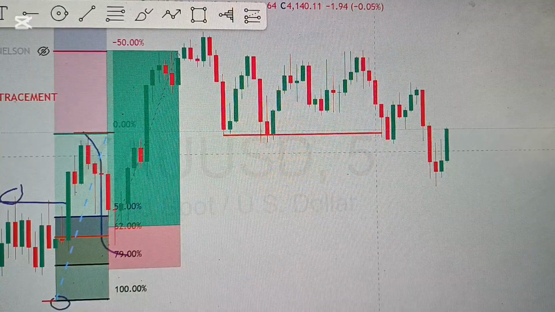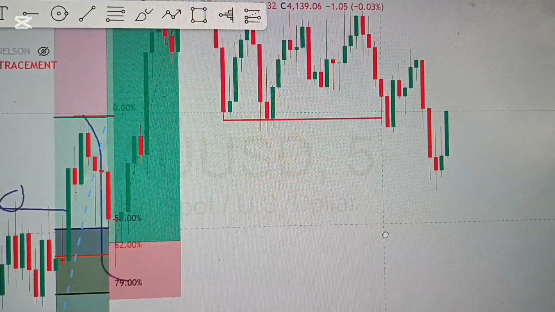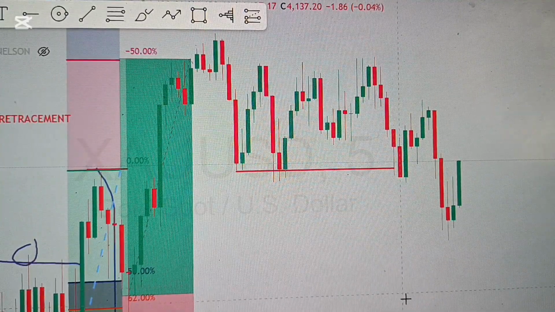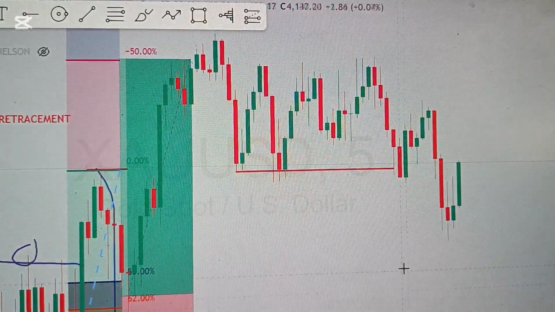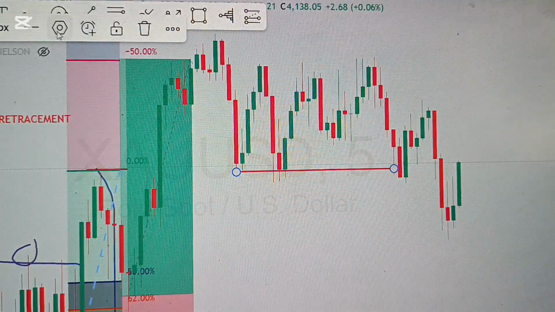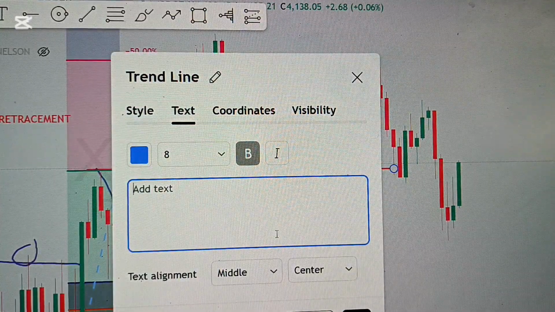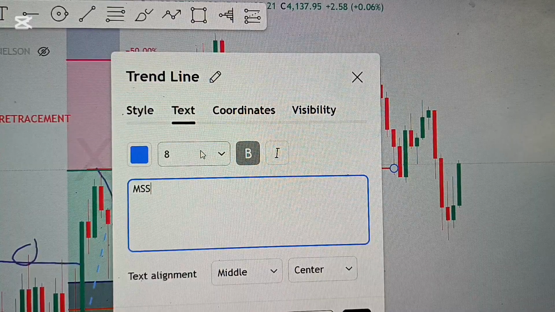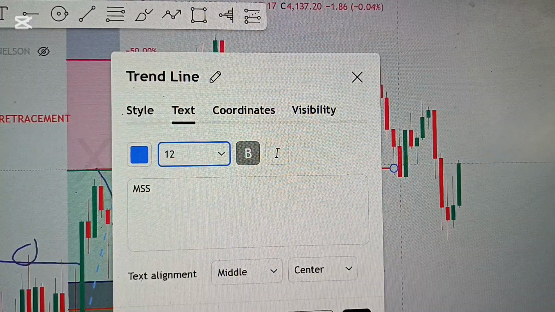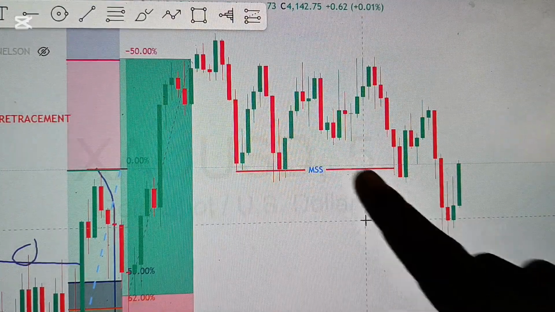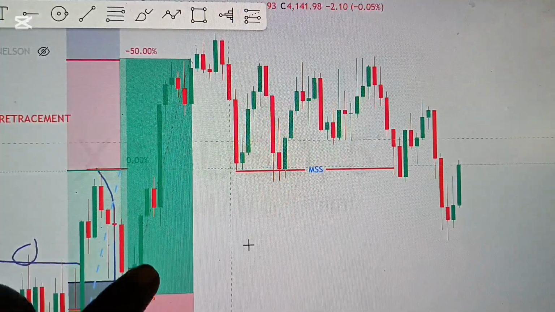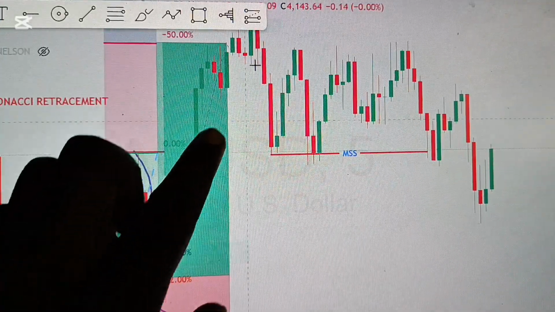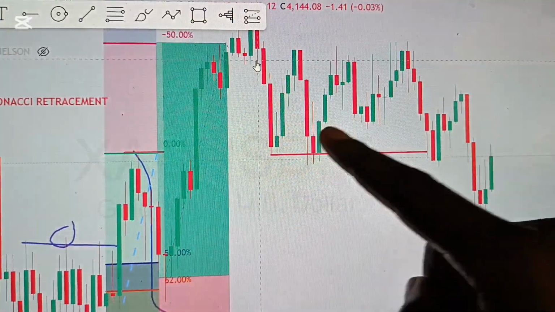Now at this point, this is the change of character, that is the market structure shift. Change of character meaning what? Meaning that the market started changing direction from uptrend to downtrend.